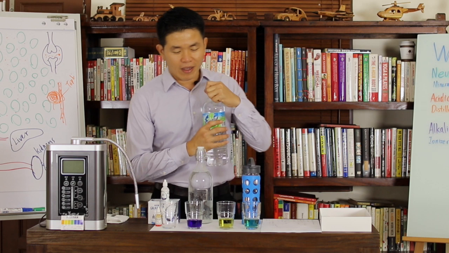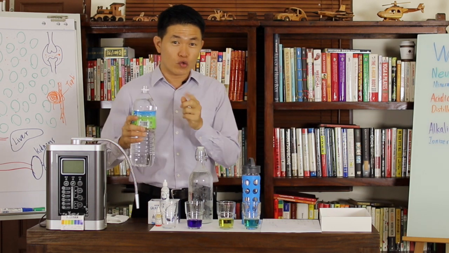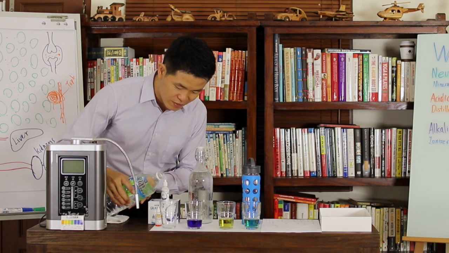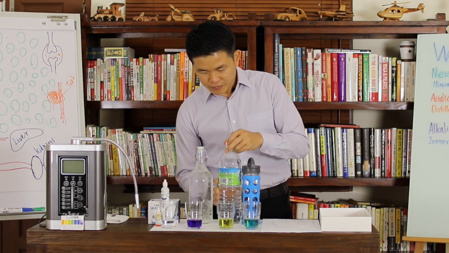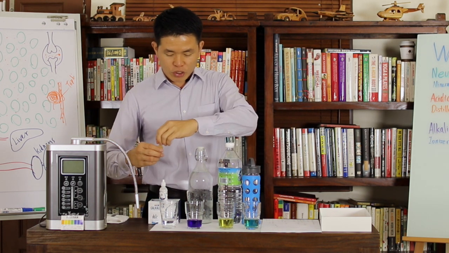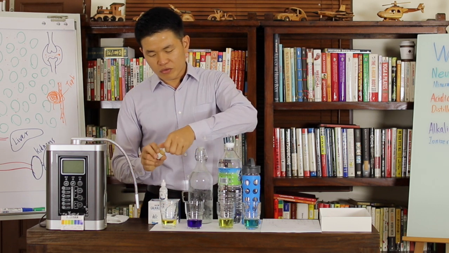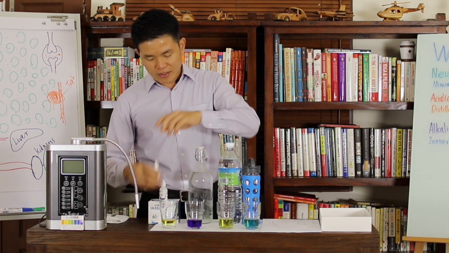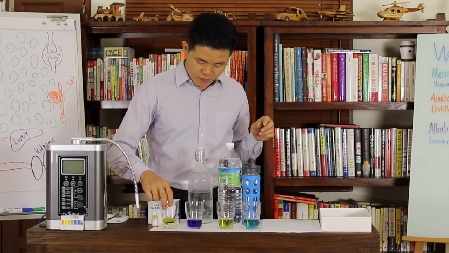To prepare the calcline, as I mentioned, it can turn any water into alkaline. So in this case, I use distilled water as a base. Before I drop, I will show you the pH of this distilled water. It's acidic.